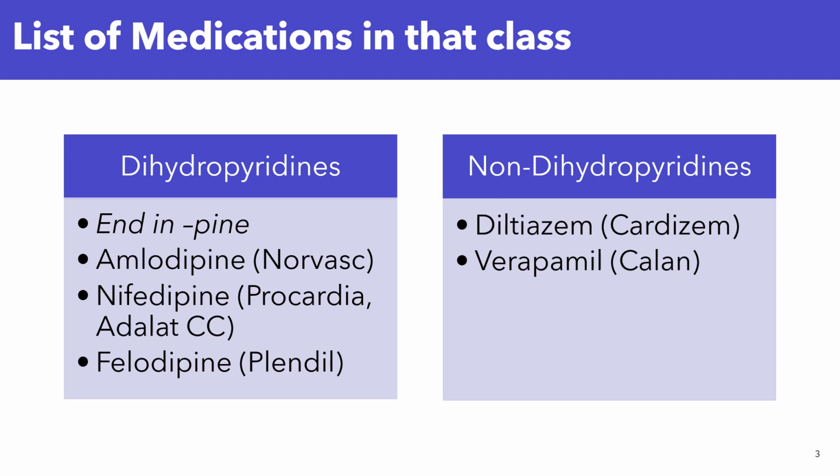Amlodipine, the brand name is Norvasc. Nifedipine, brand name Procardia or Adalat. Felodipine, brand name is Plendil. For non-dihydropyridines, examples of medications in that class are diltiazem or Cardizem, verapamil or Calan.